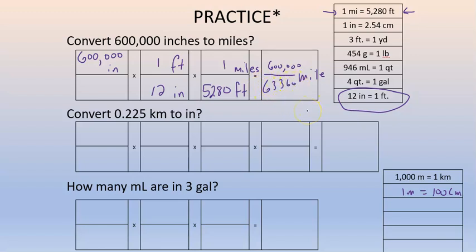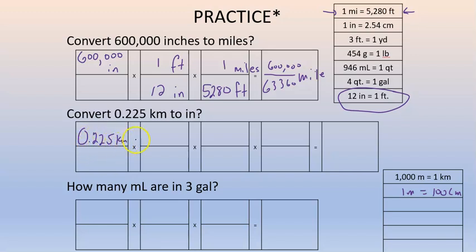So I could multiply those 2, and that's another way of doing it. You can actually multiply everything in the numerator and everything in the denominator, and then divide the 2. So we'll do this one. See if you can do it alone. If you haven't figured it out yet, we'll just do it together.